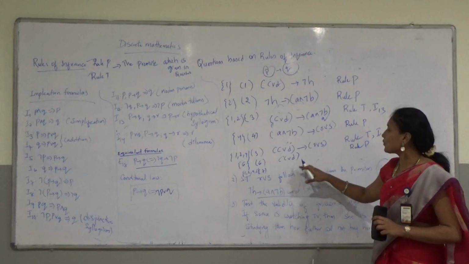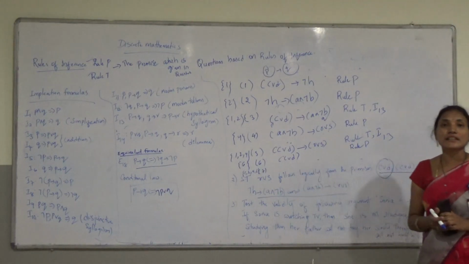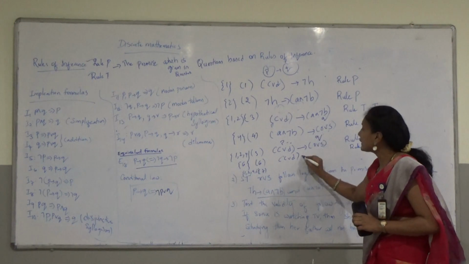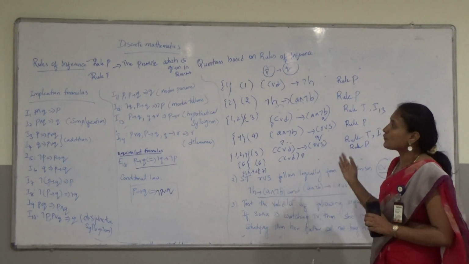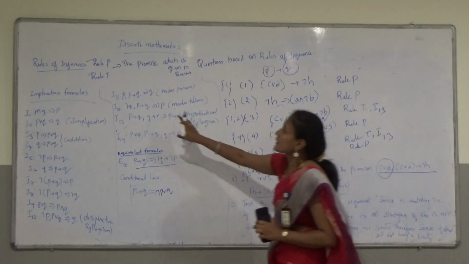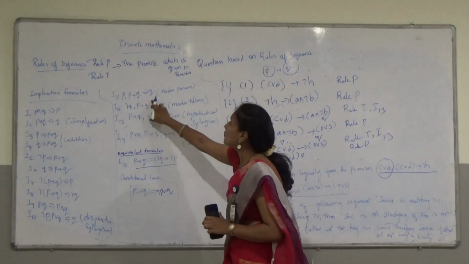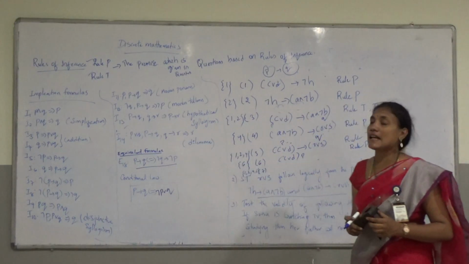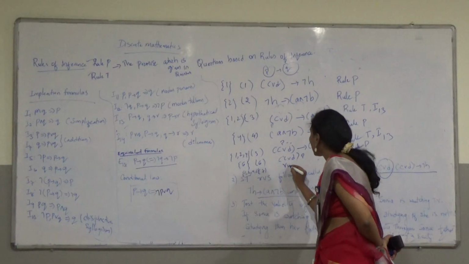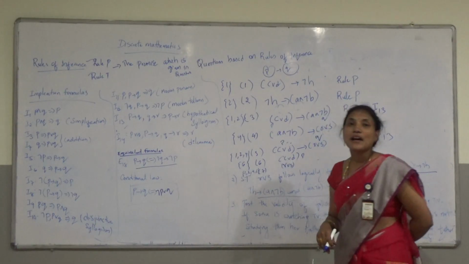From 1, 2, 4, 6 what conclusion are we deriving? It is in the form of P implies Q and P. So which formula is suitable for this? The suitable formula is I11, that is P, P implies Q results in Q as modus ponens. So R or S is a valid inference.